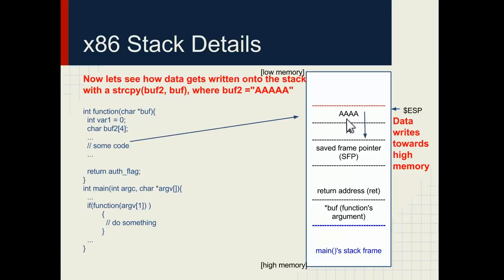And if, say in this code, there was a buffer overflow vulnerability, say it's just a strcpy, and we write more than 4 characters, it would write in this manner, and say the 5th character would overwrite var1 on the stack, and it would write towards higher memory accordingly. Now, it's easy to see that if you keep going, you're able to overflow the return address on the stack. And that's an important target for attackers.